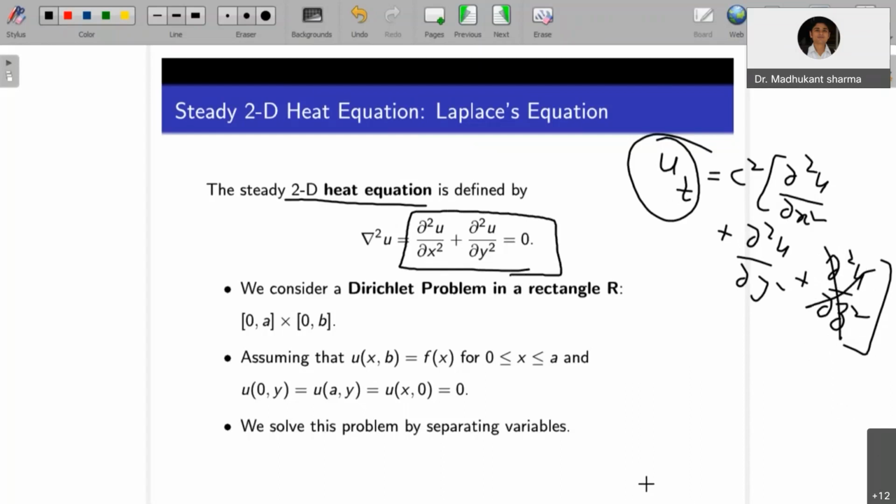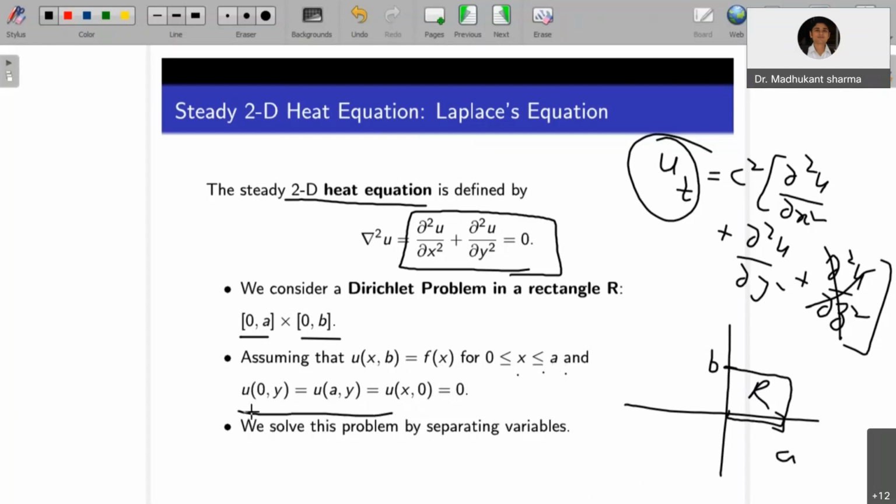So you have this equation: del square u by del x square plus del square u by del y square equals 0. Now consider a Dirichlet problem in a rectangle R, with the rectangle 0 to A and 0 to B. So you have a rectangular shape, where this is A and this is B. It is given that u(x, b) equals f(x) for 0 less than or equal to x less than or equal to A, and everywhere else the temperature is 0.